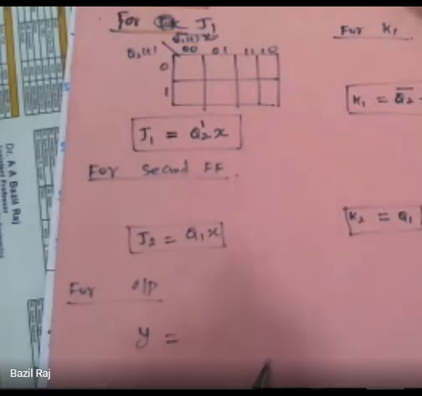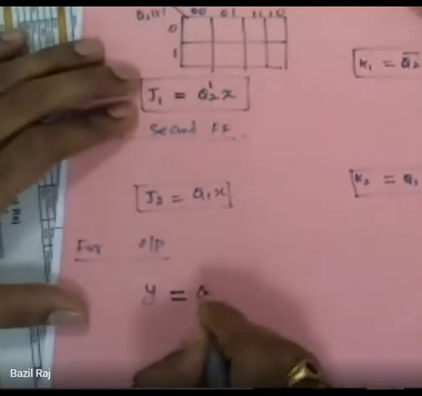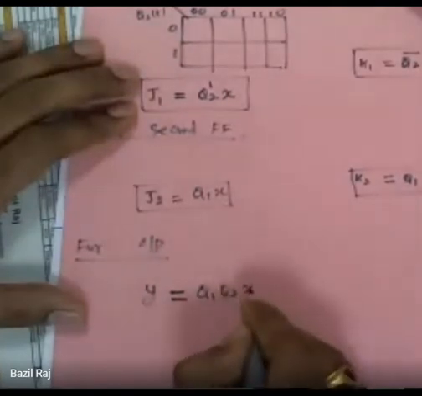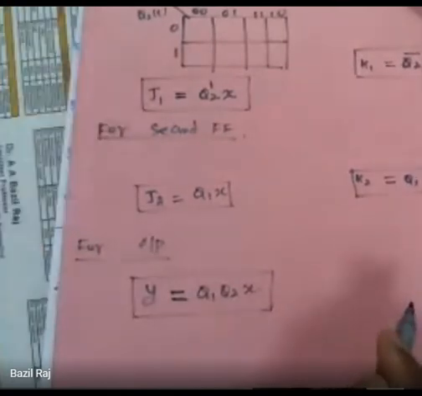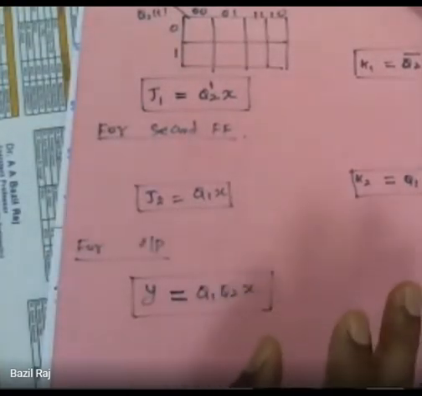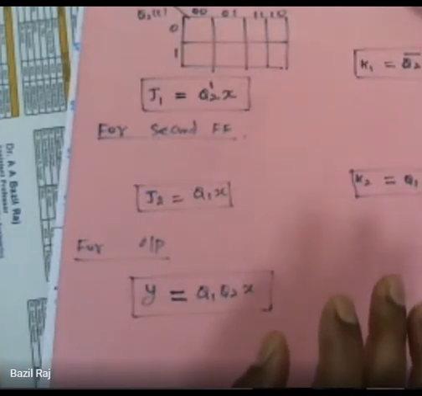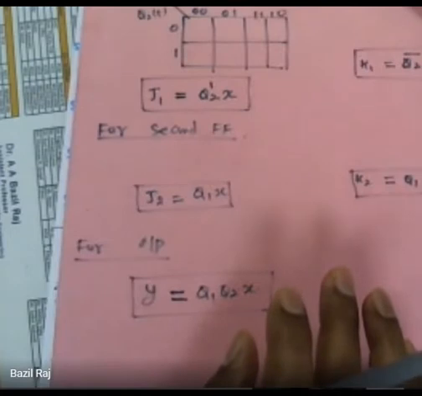What is the output equation? Y equals Q1 Q2 X. Is it correct? J1, K1, J2, K2, and for the others, any deviation in your equation?